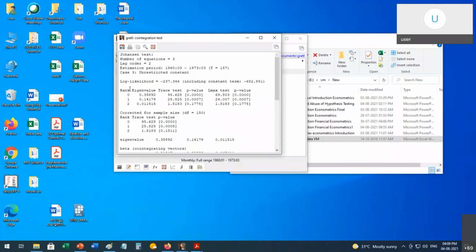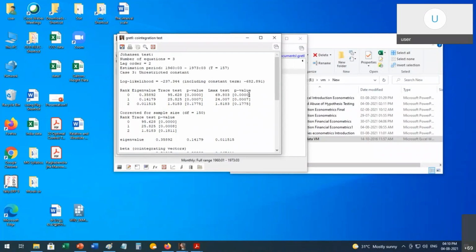First, we postulate our null hypothesis that there is no cointegration. That is 0 cointegration. And we see the p-value. In both the cases, the p-value is 0, that is less than 5%. So we are rejecting the null hypothesis of no cointegration.